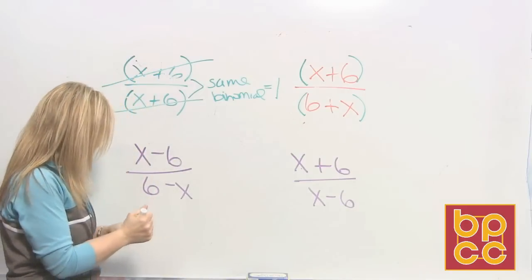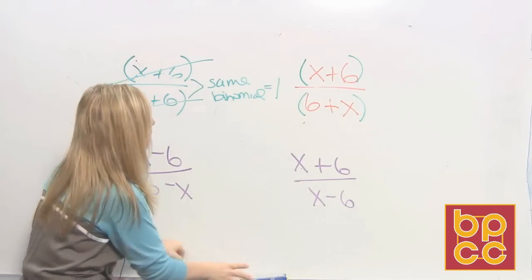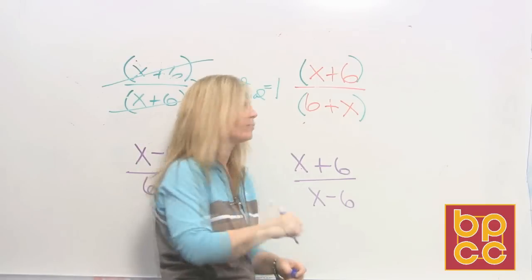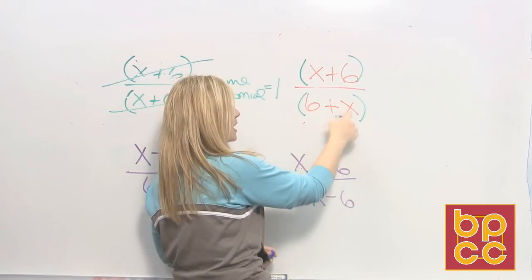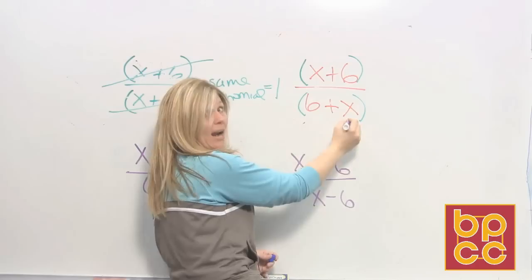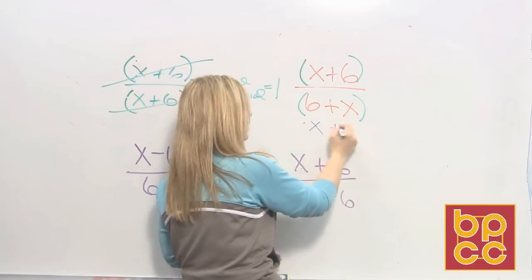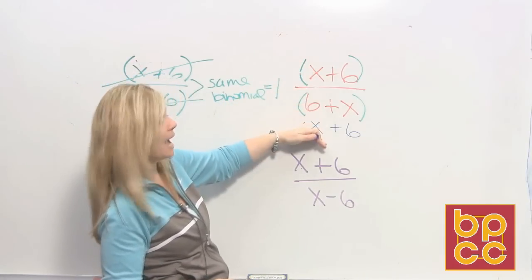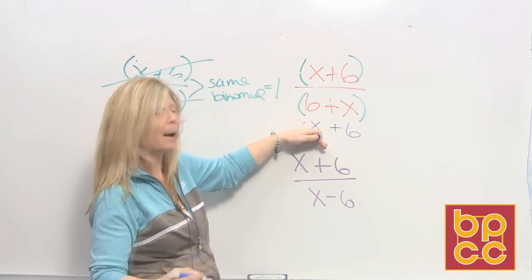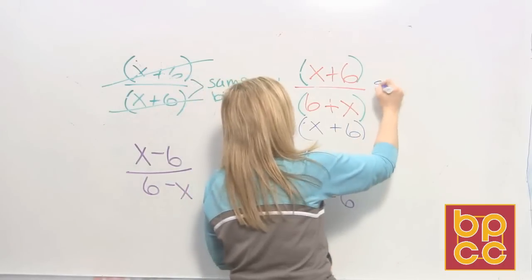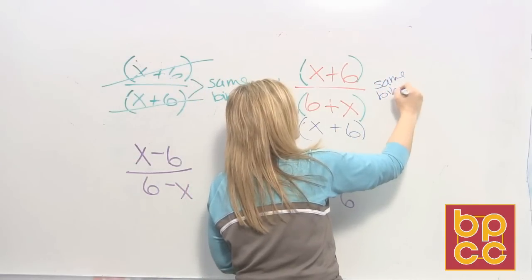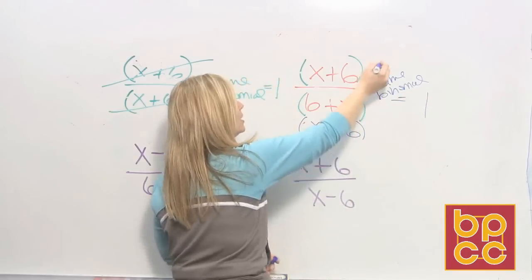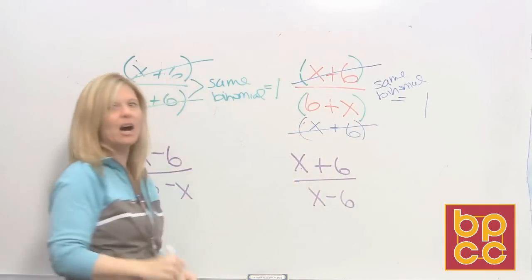Well, if you think back to algebra, you know your commutative property, which says it doesn't matter what order you add terms in. So we should all know 6 plus x really means, if we write it in descending order, x plus 6. And then if you look, x plus 6 and x plus 6 are the same binomial. When you divide the same binomial, what is always the answer? It is 1. Something divided by itself cancels out.